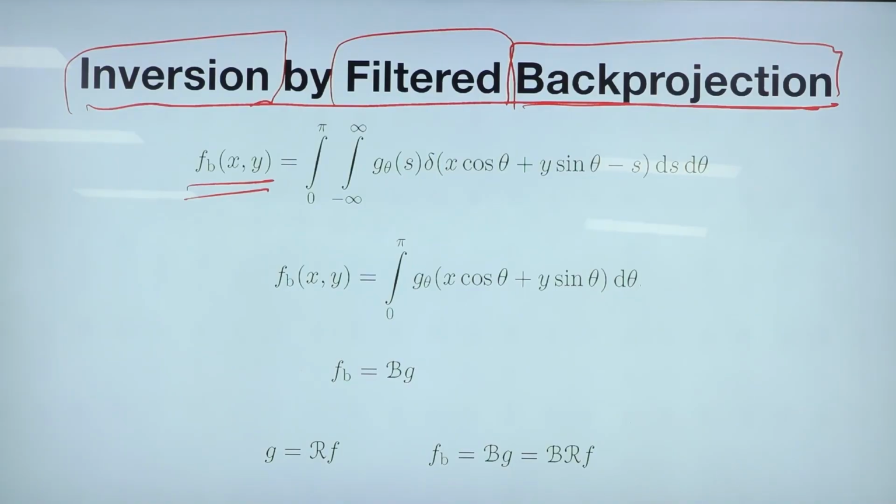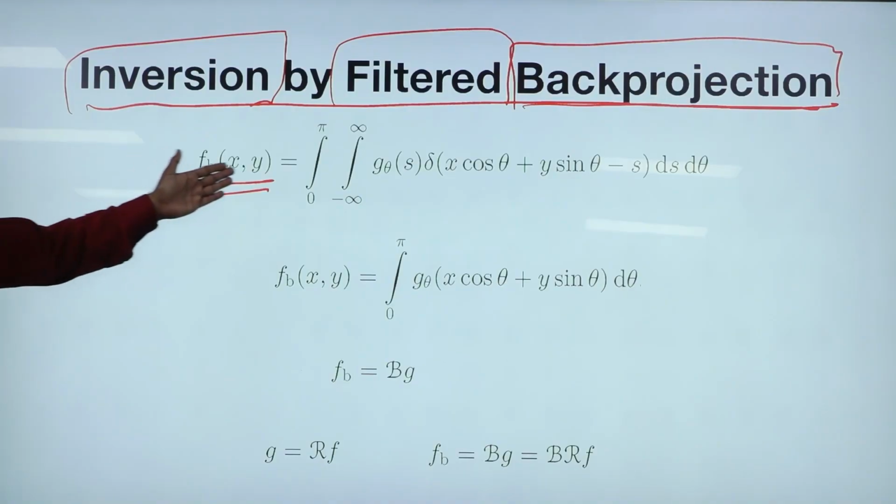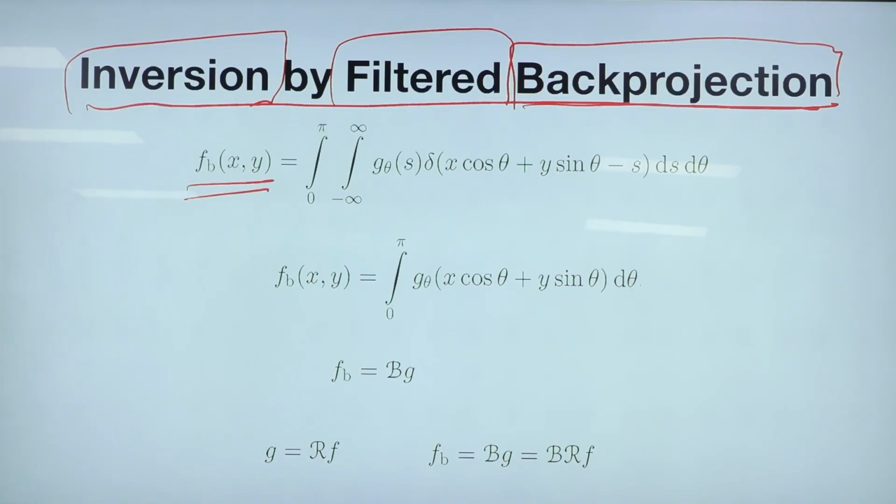The object you reconstruct after back projection, let's call it F_FB of x comma y. That is equivalent to taking g_s of theta, taking an integral of this. What is this? x cos theta plus y sin theta minus s.